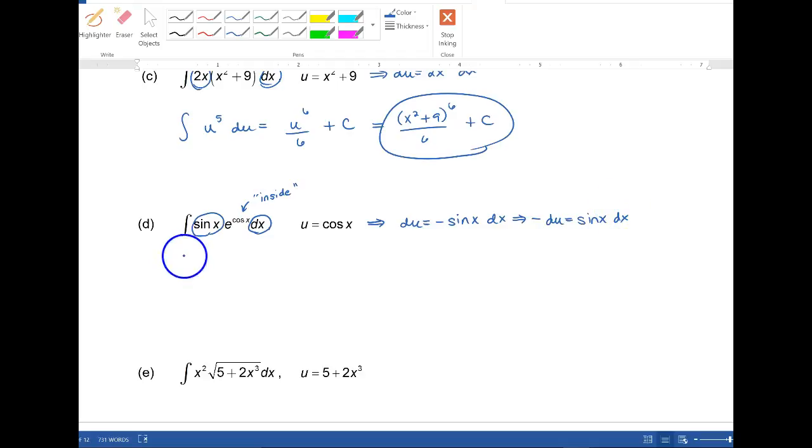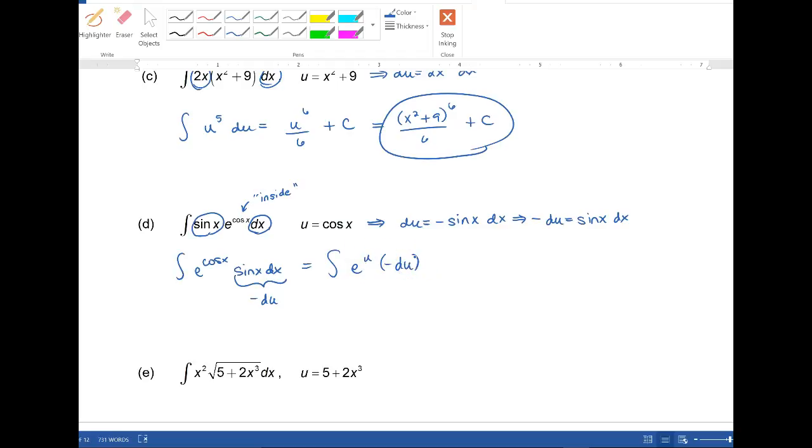So think about that for a minute. If I just rearrange this, make this sine x dx right next to each other, this gets replaced with a negative du. So I have e to the u, right, cosine is u, with a negative du.